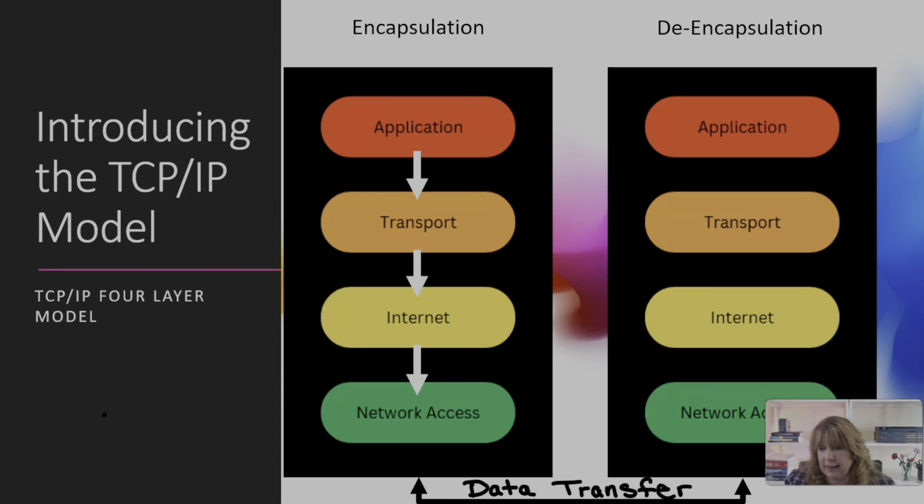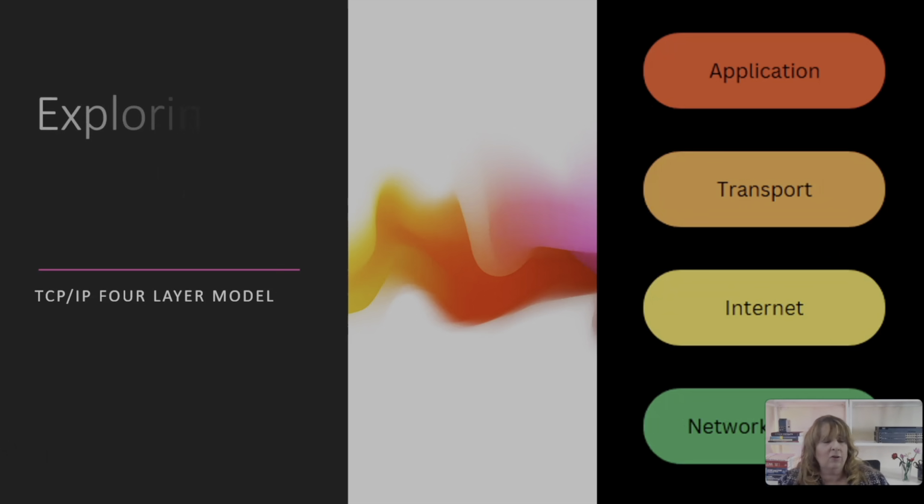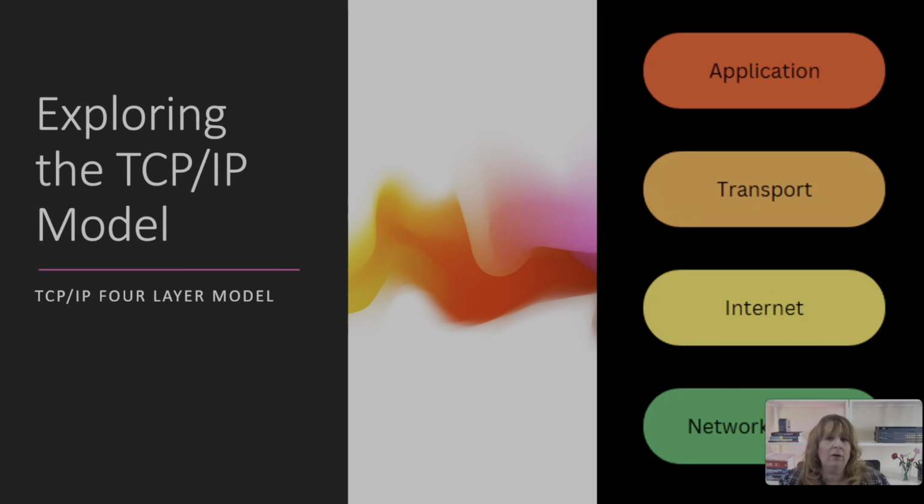So you have your encapsulation as a packet moves down the stack, and then you have the transfer of data, and then as the packet gets to its destination, you have your de-encapsulation of the packet. By thinking of the model that way, it will help you to understand how this process works.